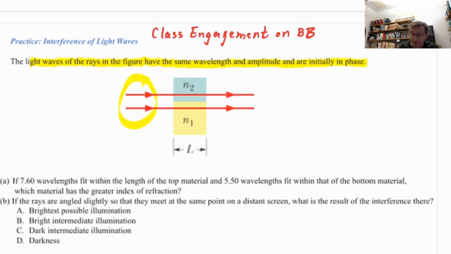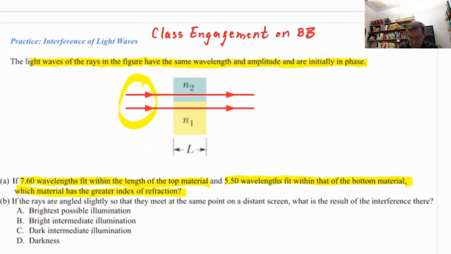And they're going to travel through those blocks, index of refraction n2, index of refraction n1, length L. First question. Suppose 7.60 wavelengths fit within the length of the top material, and 5.50 wavelengths fit within that of the bottom material. Which material has the greater index of refraction?